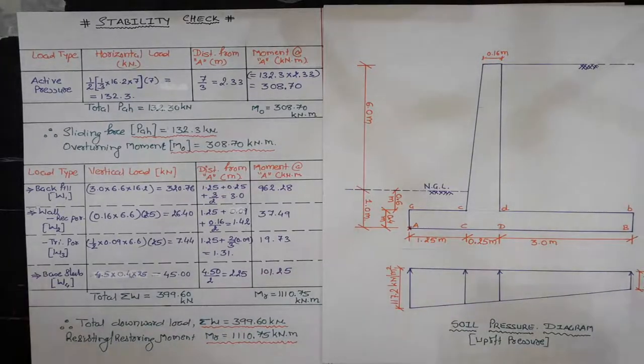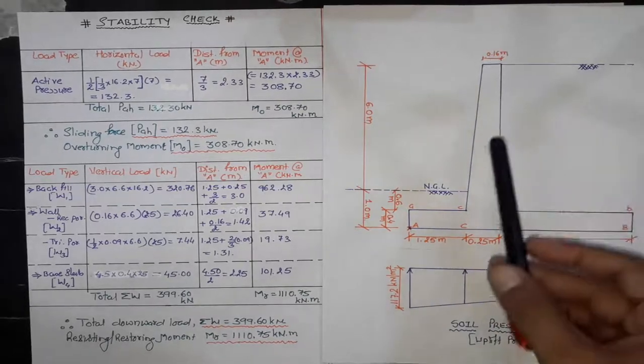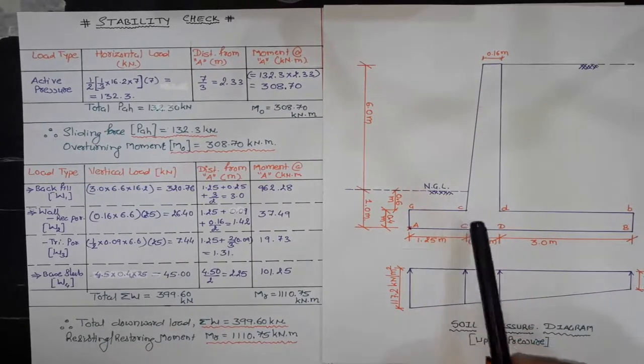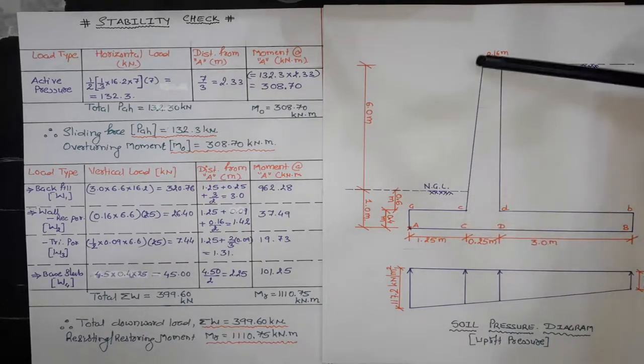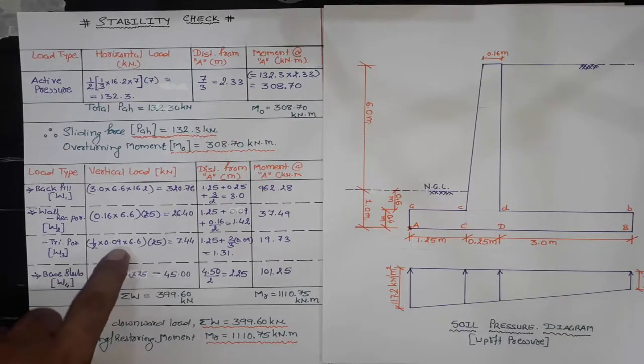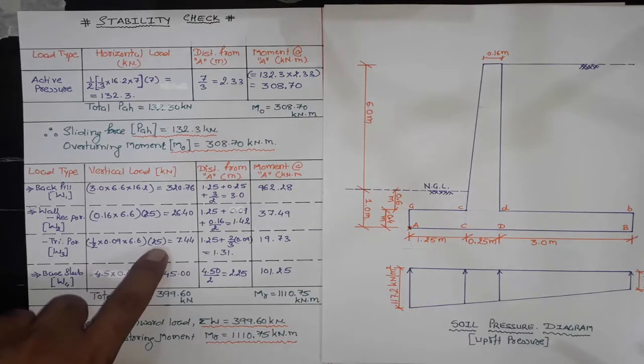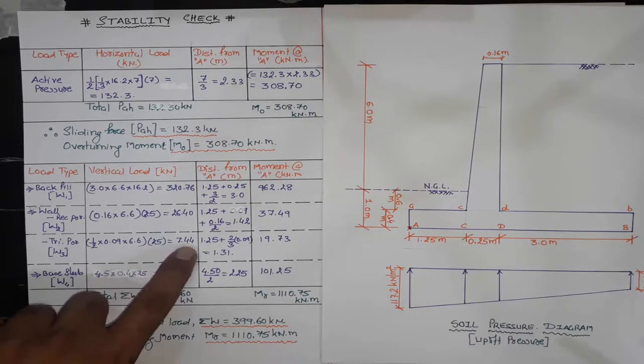Triangle portion of this stem slab. This stem slab is sloped away from the backfill. Base of triangle portion is 0.09. Height of triangle portion is 6.6 meter. Therefore, it's 1 half into 0.09 into 6.6 into 25, the density of concrete, comes out to be 7.44 kilonewton.